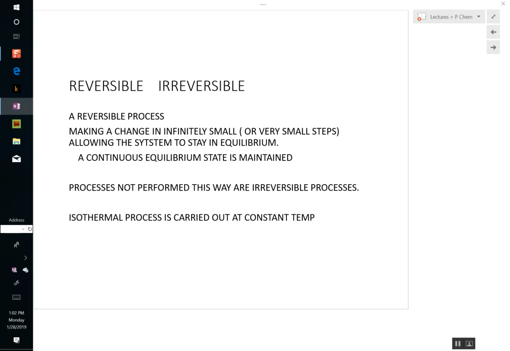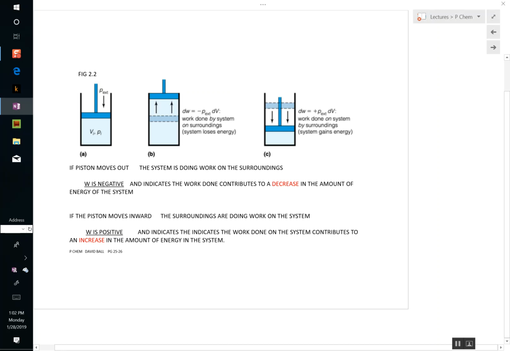So if we go back to this picture, let's imagine doing this two different ways. One way, just really abruptly, bam, pushing that piston up there. What happens to pressure?